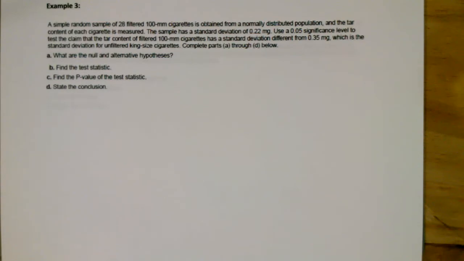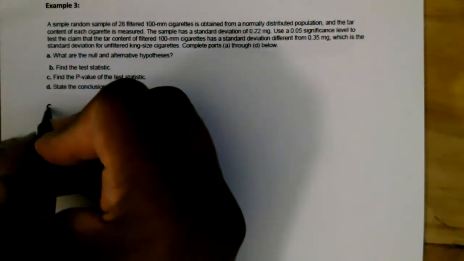Use a 0.05 significance level to test the claim that the tar content of filtered 100mm cigarettes has a standard deviation different from 0.35 milligrams, which is the standard deviation for unfiltered king-size cigarettes. And when you do that 8-step procedure, you'll be able to answer the questions in parts A, B, C, and D. Okay, so let's use that 8-step procedure.